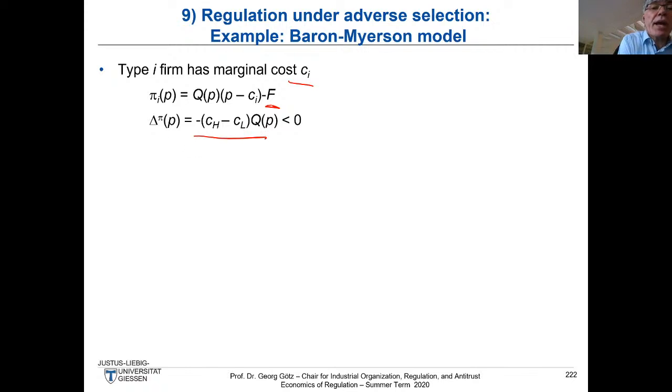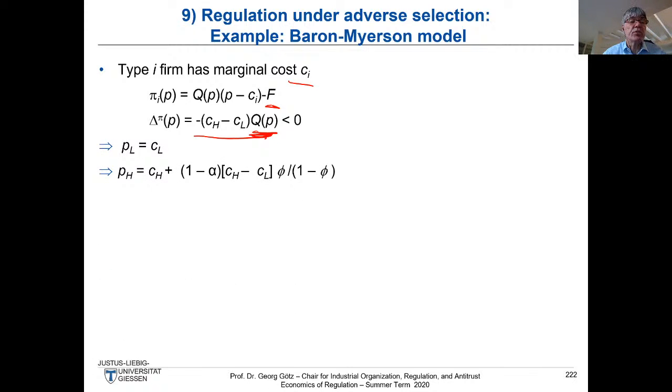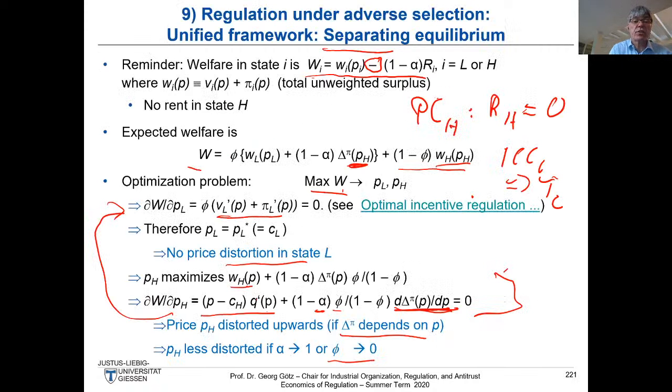Now, the height of the rectangle is always CH minus CL, and the length is always Q of P, and of course the quantity depends on the price. And what we have, of course, is PL equals CL.